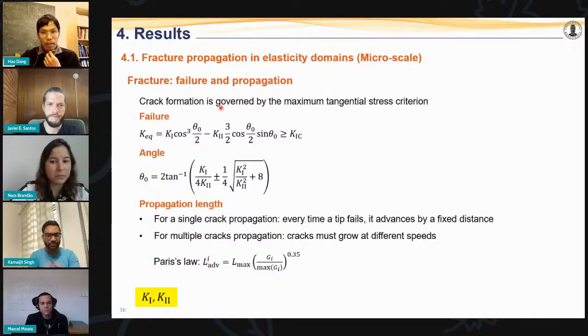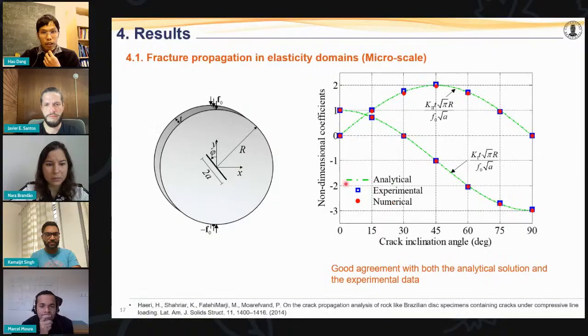Remember that to determine if a fracture emerges, we have to compute the stress intensity factors first, K1 and K2. So for this example, we can see how good my method is at estimating the stress at the crack tip. I compare with the analytical solution and experimental data, and the red dots are my results.